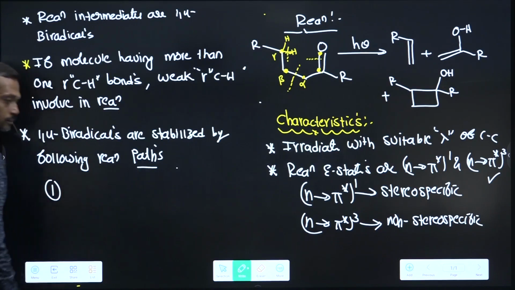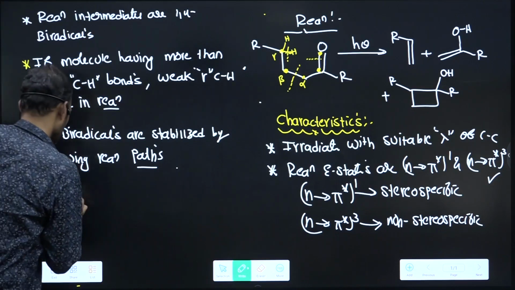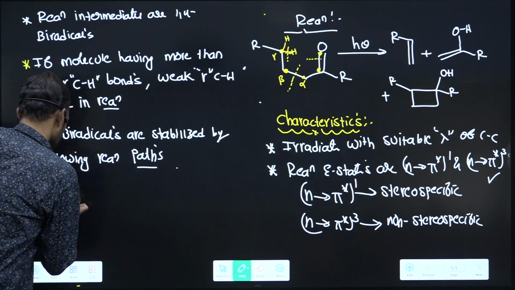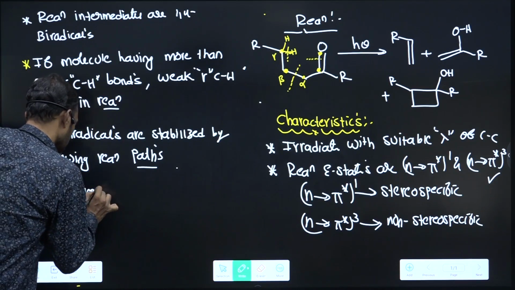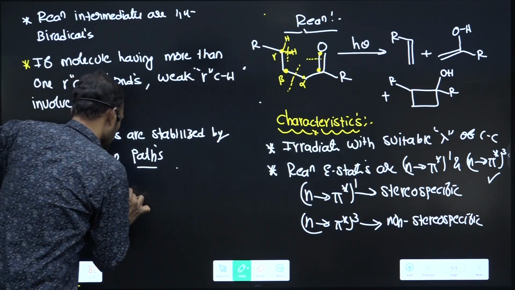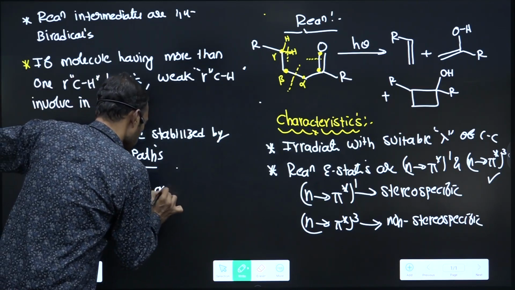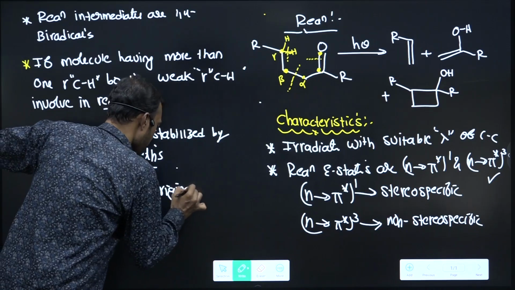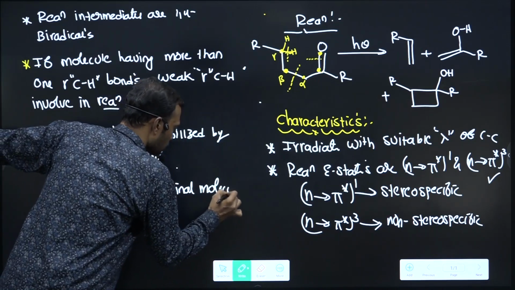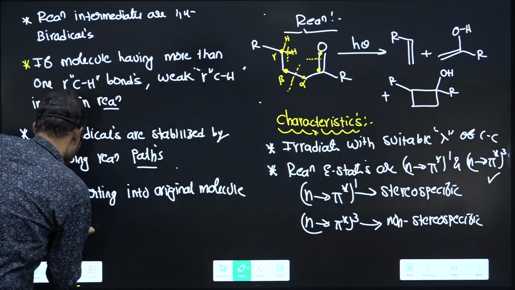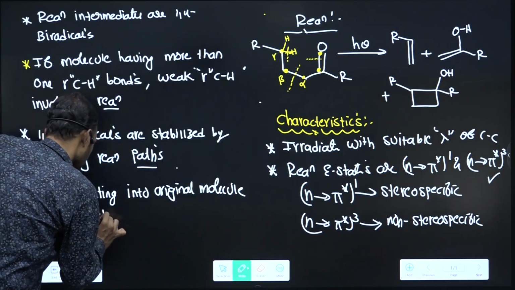So the first way: reverting into the original molecule by abstracting hydrogen.